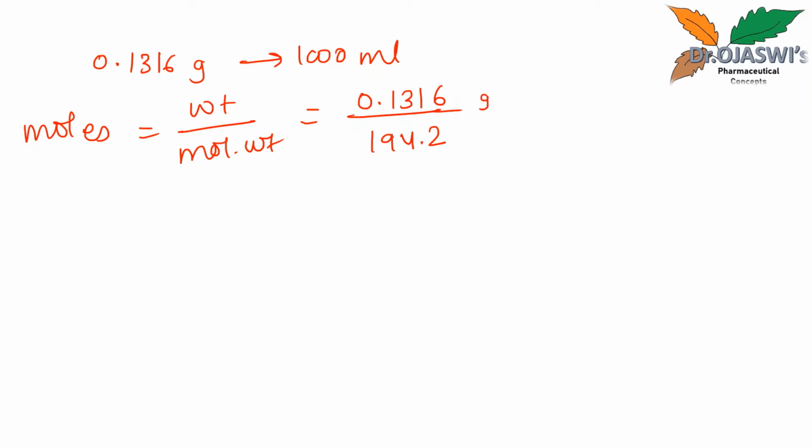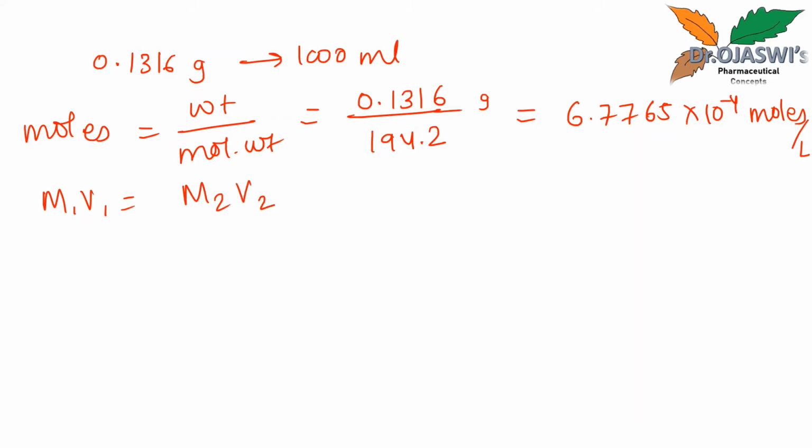So this answer comes out to be 6.7765 into 10 raised to minus 4 moles. These are the moles per liter. So simply by M1 V1 equals M2 V2.